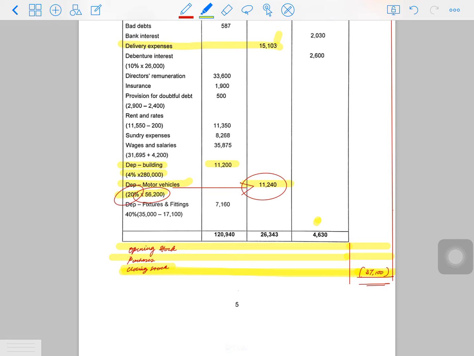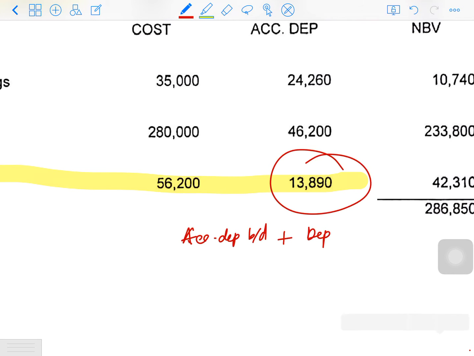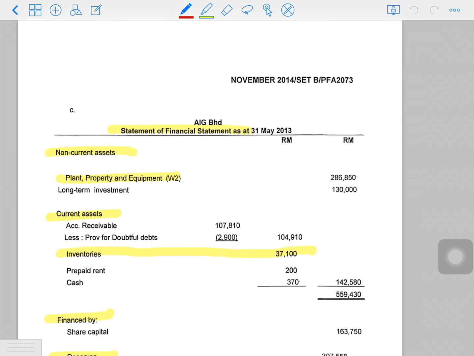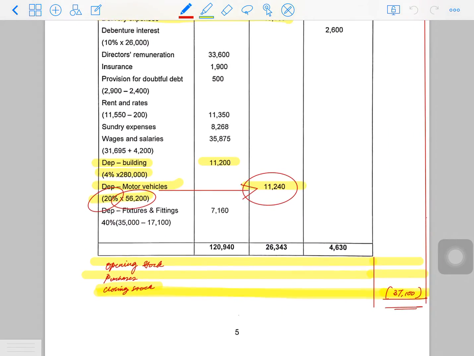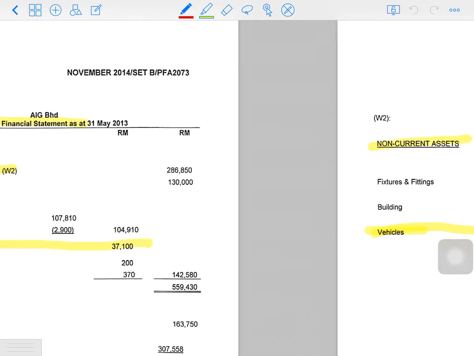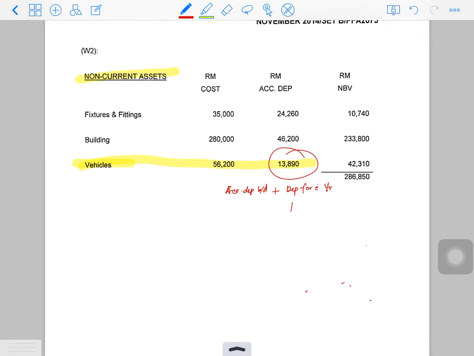This amount is actually the balance of accumulated depreciation: accumulated depreciation brought down plus depreciation for the year, which is what we provided. The depreciation for the year that we provided just now is 11,240.